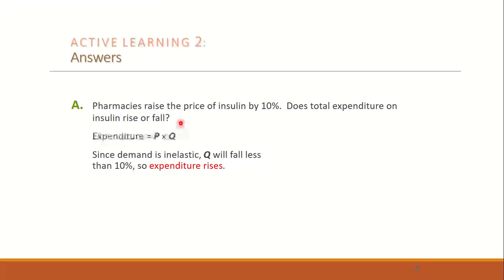We know expenditure is equal to price multiplied by quantity. It's revenue for pharmacies and it's the expenditure for people. Since demand is inelastic, quantity will fall less than 10%, so expenditure rises. People will spend more money to get their insulin.